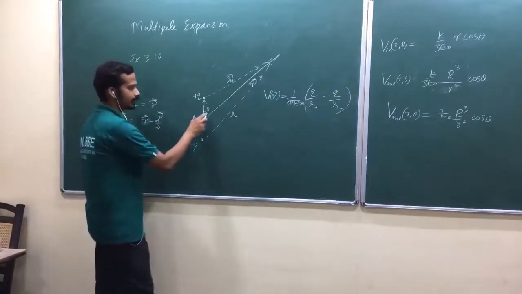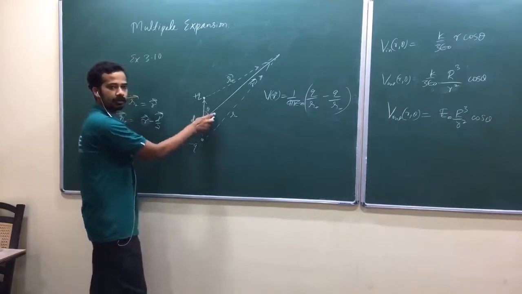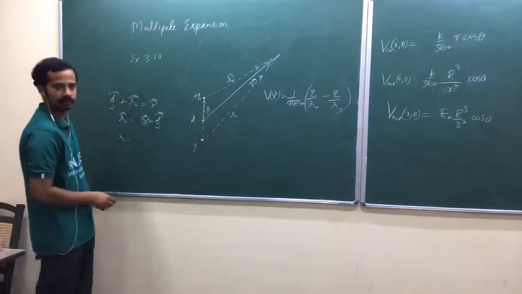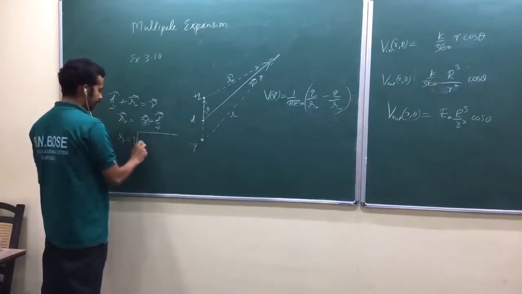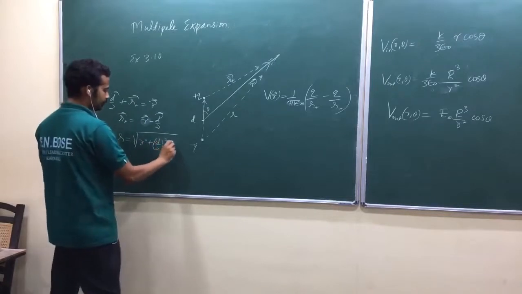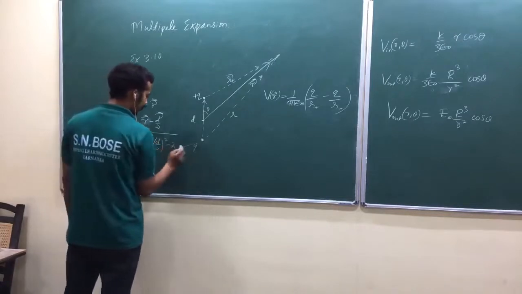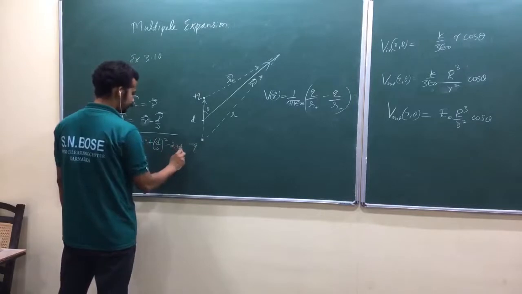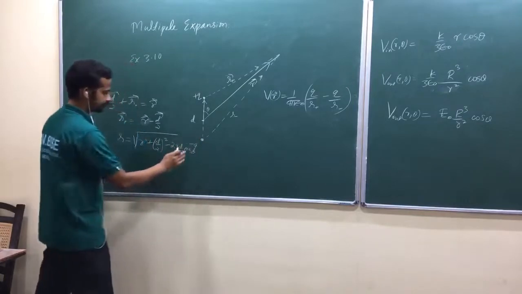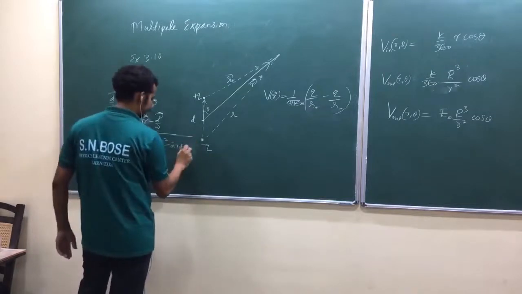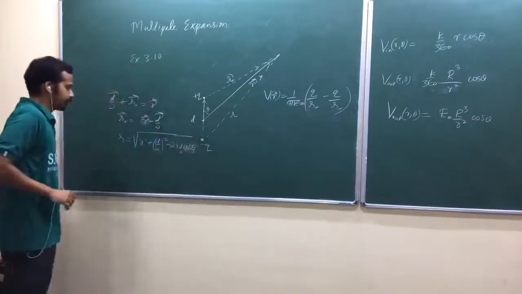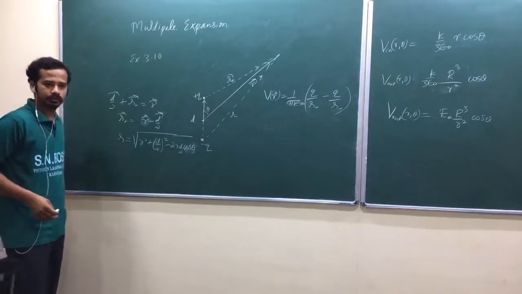Because the angle between d by 2 and r vector is defined. Is that okay? So now if you take the dot product with itself, you will get r square plus d by 2 the whole square minus 2 r d by 2 cos theta. Check it out, 2 r d by 2 cos theta.